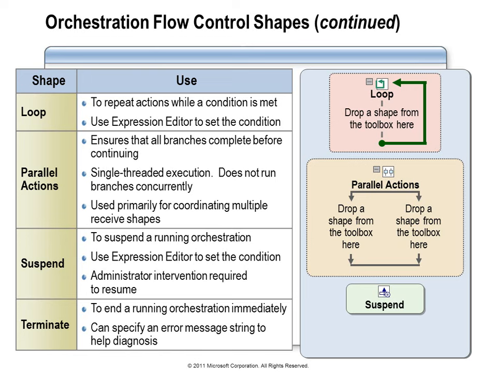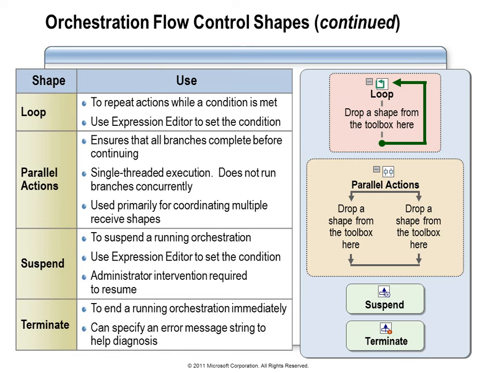Now, if things really go bad and you need to notify an administrator, you could add a terminate shape. So maybe you add one of these inside of an exception handler. The terminate shape allows you to return a string. So it could even be the exception that you've caught. You extract a string value out of that exception object, plug that into the terminate shape, and let the terminate shape end the orchestration and report that to the administrator.